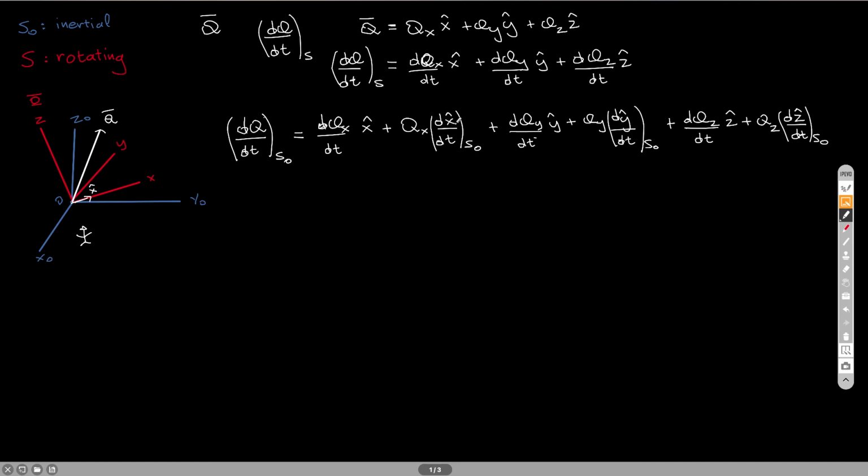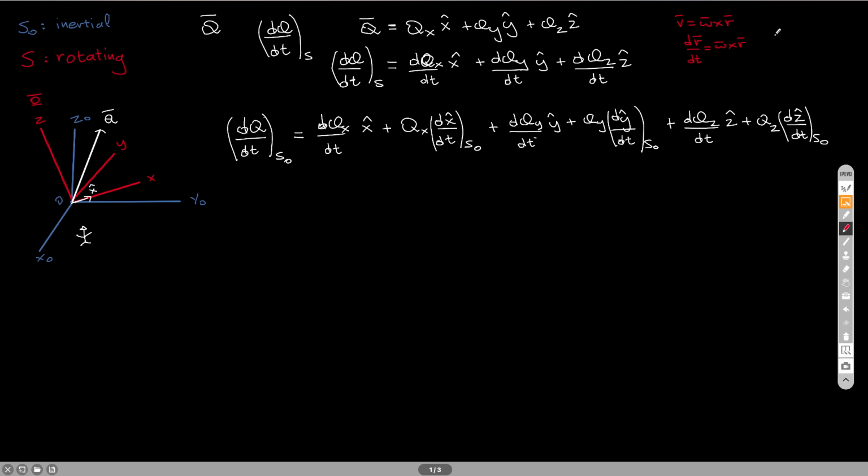Now, how do I calculate something like this? I can help you. If you remember, we talked about before v equals omega cross r. What is v? v is just the time derivative of r. So dr dt equals omega cross r. You can replace r with anything you want.